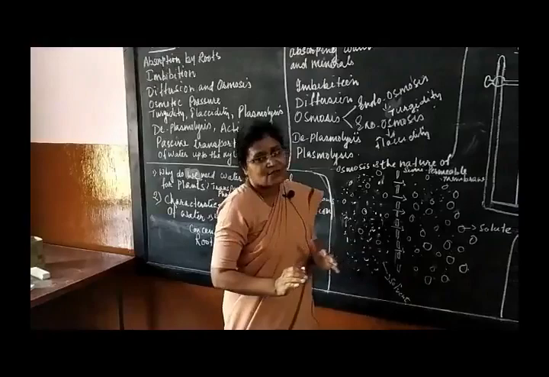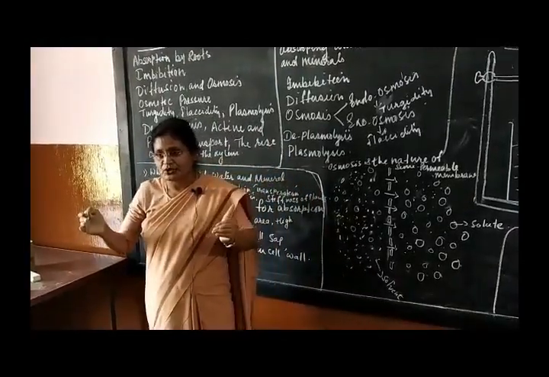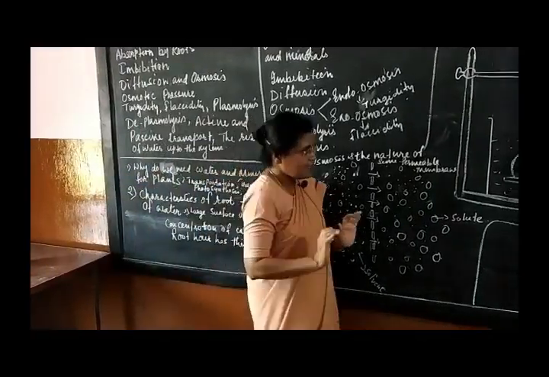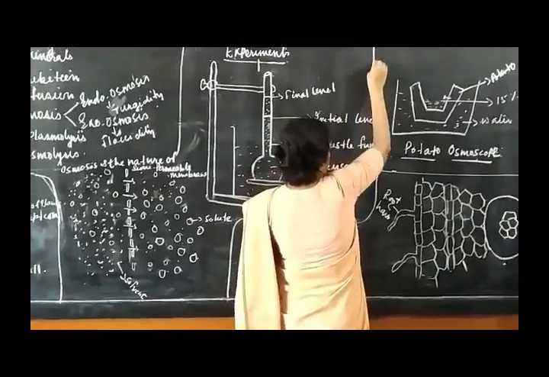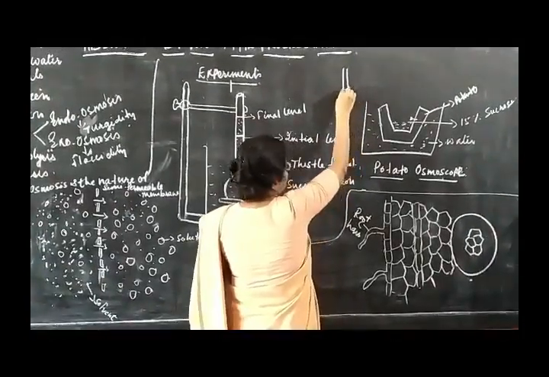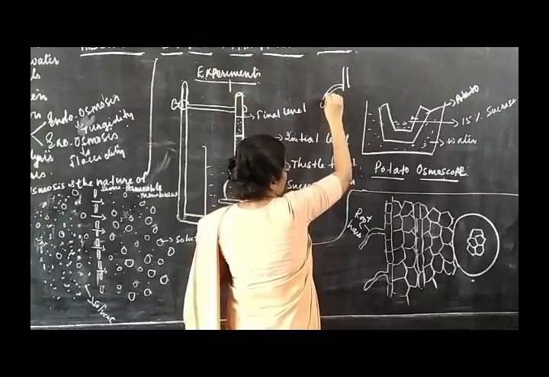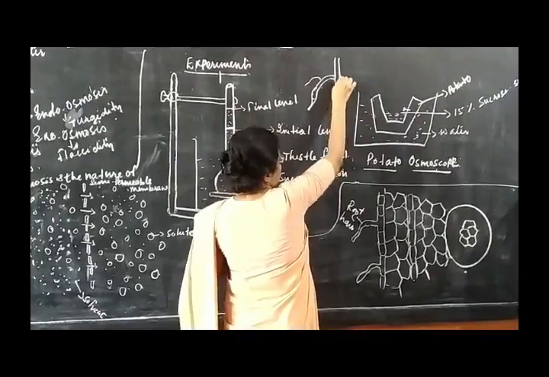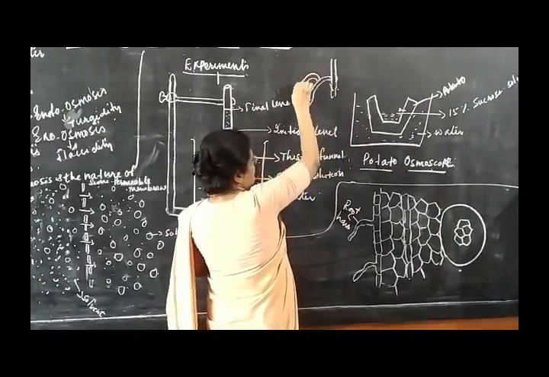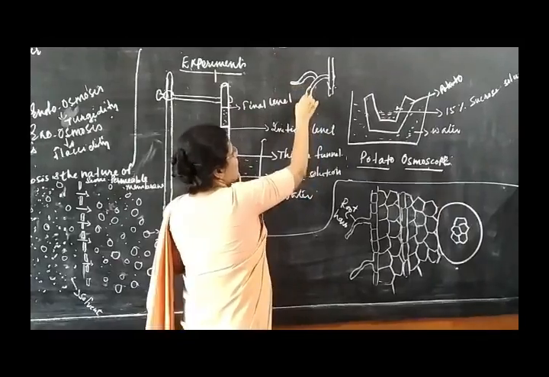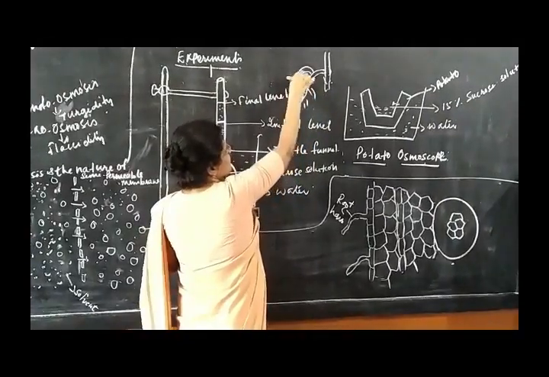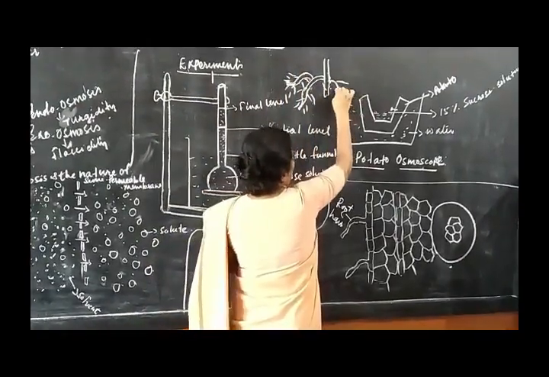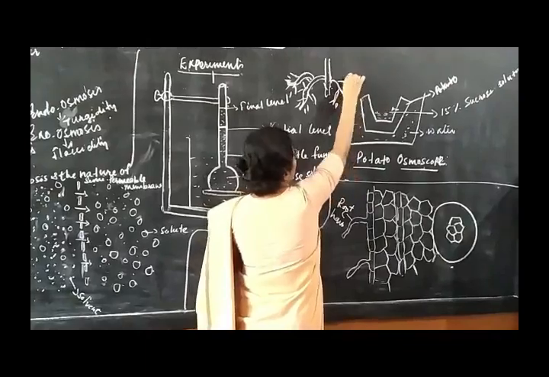The taproot has a primary root, secondary roots, and tertiary roots, and all of them will have thousands and thousands of root hairs.